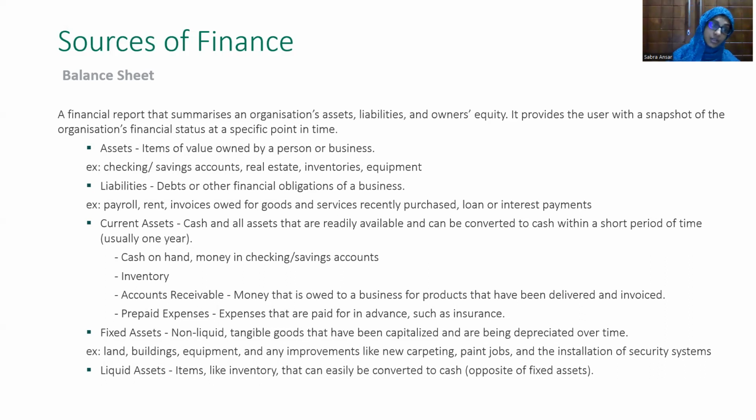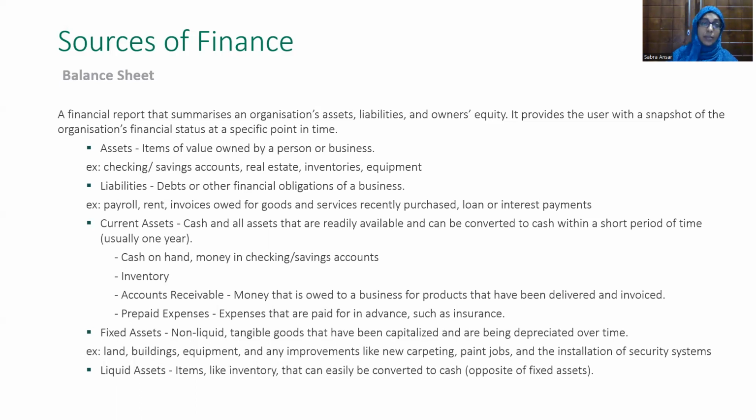Assets can be fixed assets, which are tangible goods that need to be capitalized and depreciated over time. And current assets will be things like cash, as well as other assets which can be converted to cash very quickly or in a short period of time.